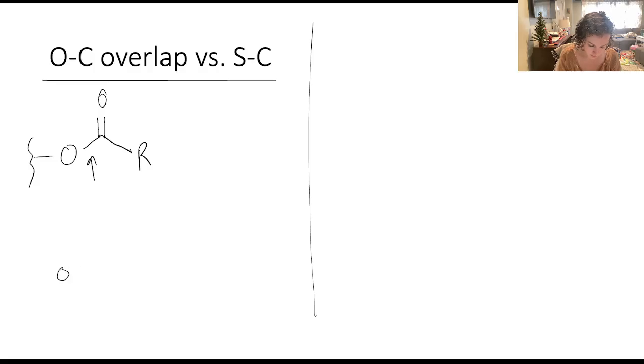We have this oxygen, and this is a cartoon, so please excuse me, overlapping perfectly with the carbon.